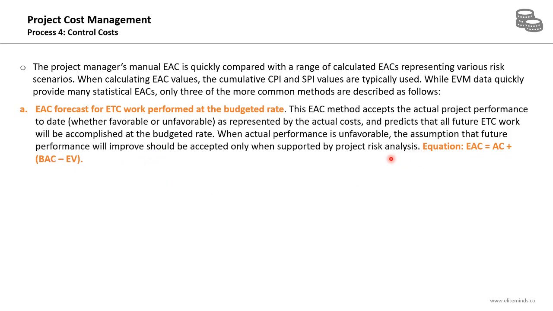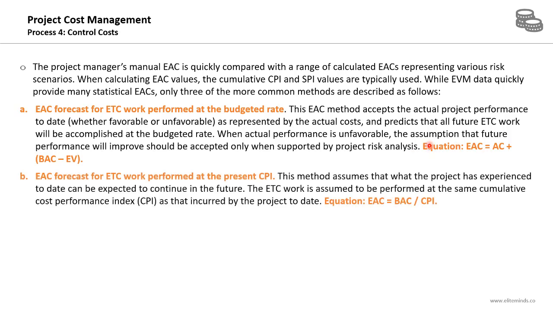When actual performance is unfavorable, the assumption that future performance will improve should be accepted only when supported by the project risk analysis. So if you were given a question with the assumption that the remaining work on the project will be executed at the budgeted rate, you will use this formula.